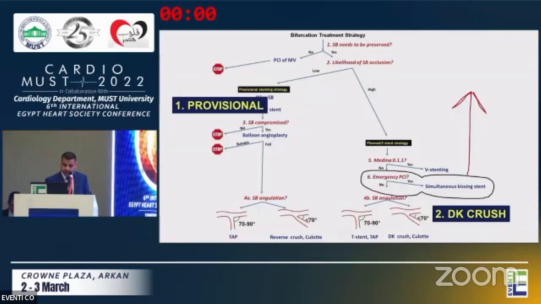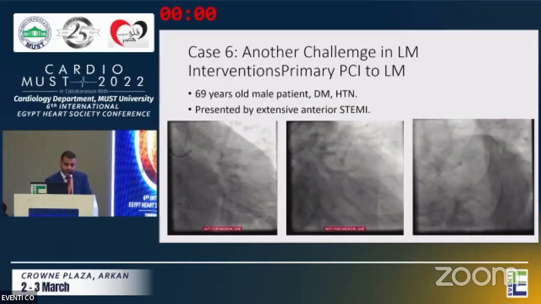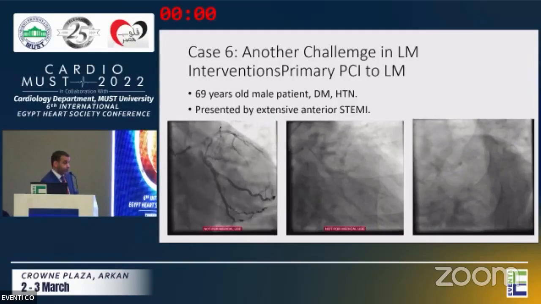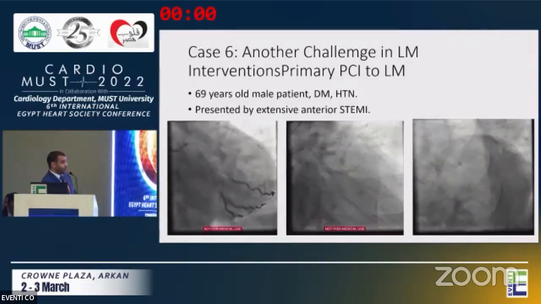But actually, this is an example of a case where I used something different. This is a case presented with acute myocardial infarction. As we can see, we have a big thrombus burden in distal left main and ostial LAD. And also the ostial LCX is compromised. We are Medina 1,1,1.